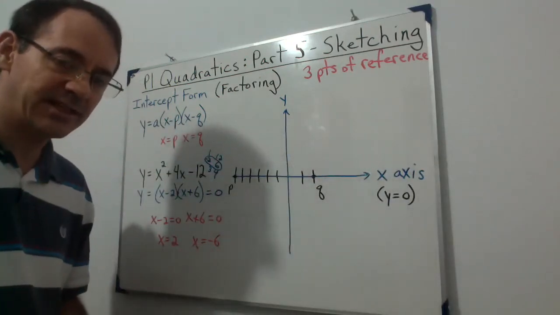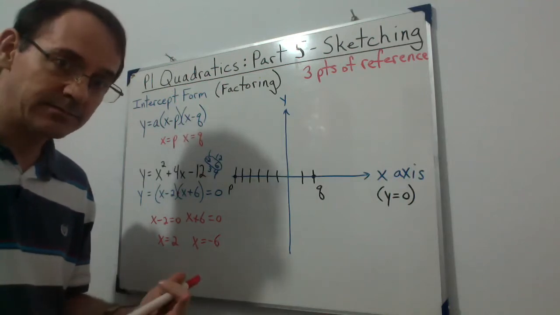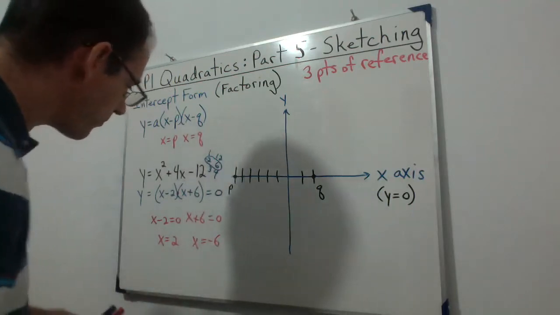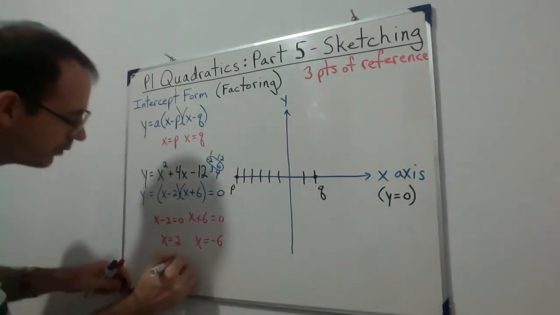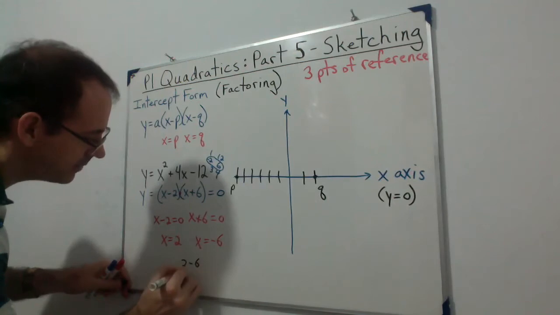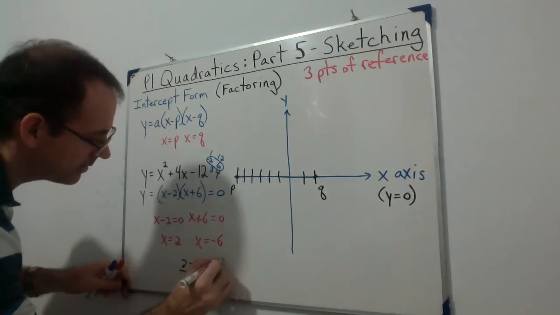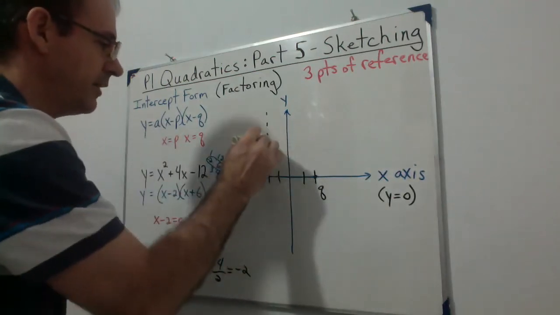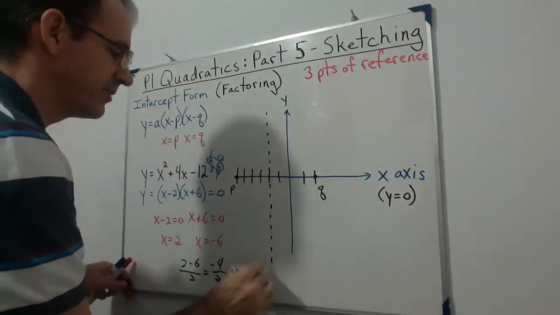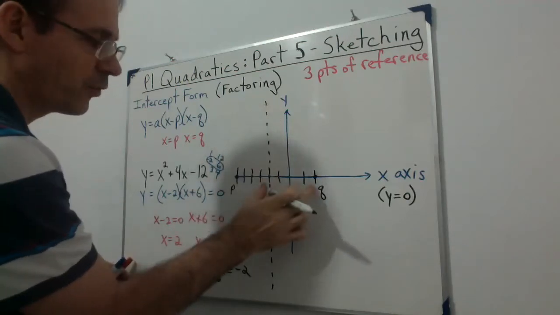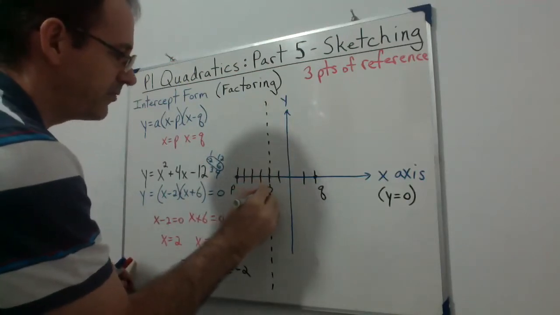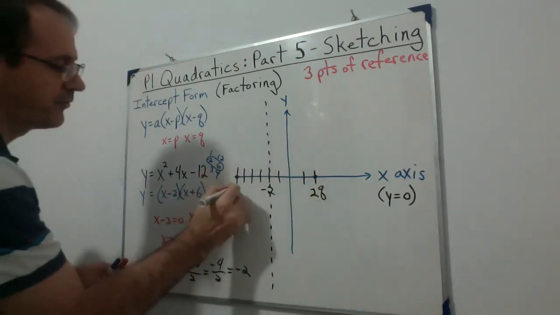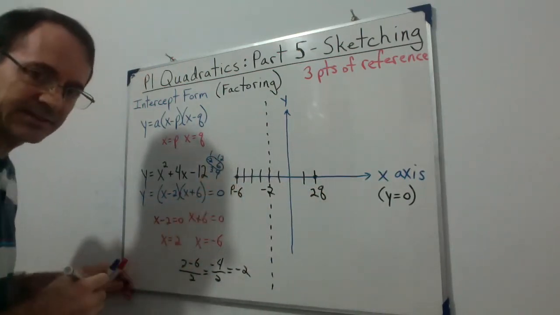Remember, the x-coordinate of the vertex is the midpoint, on your axis of symmetry. So all we have to do to find the midpoint is add them together. So we get negative 4 over 2, which is negative 2. Negative 2 is going to be our axis of symmetry. Notice this negative 2 is 4 units away from positive 2, and it's also 4 units away from negative 6.